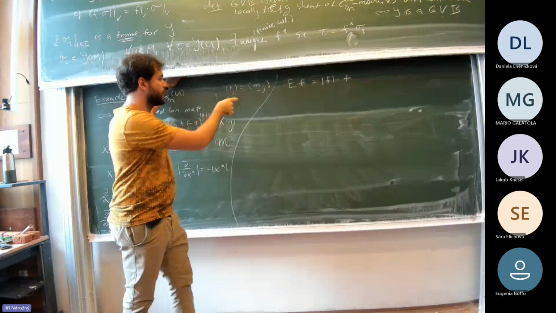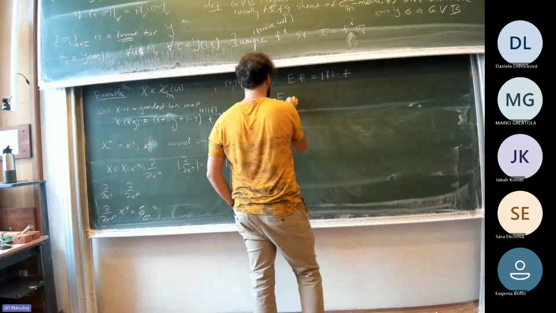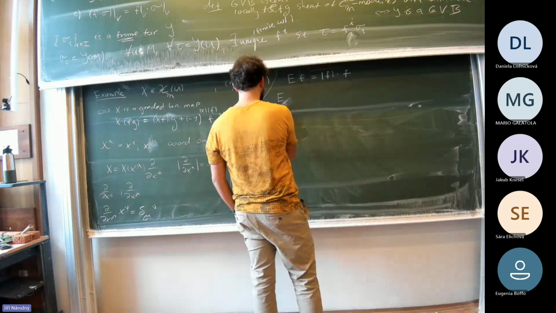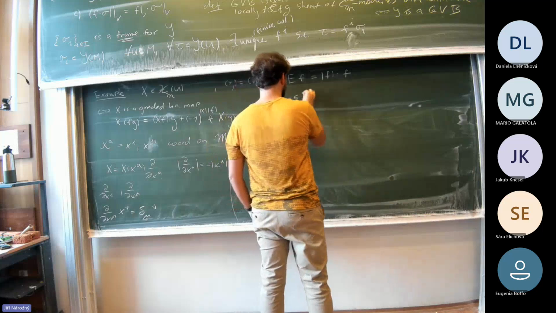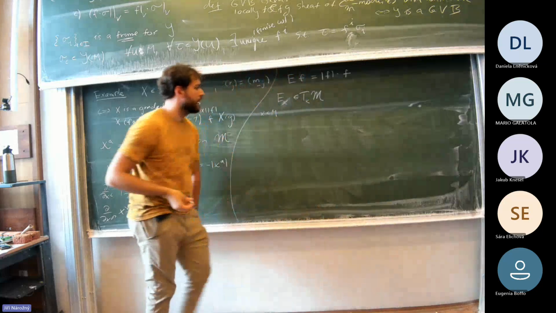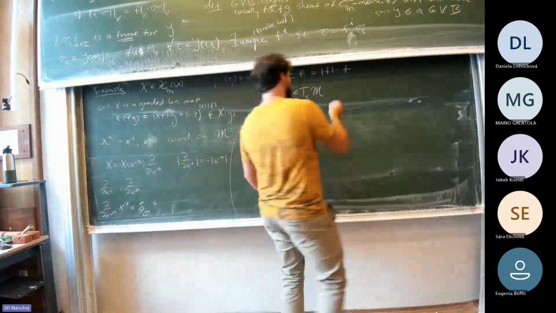But if you evaluate this vector field at some point x of N, in the tangent space of the graded manifold, this is 0.